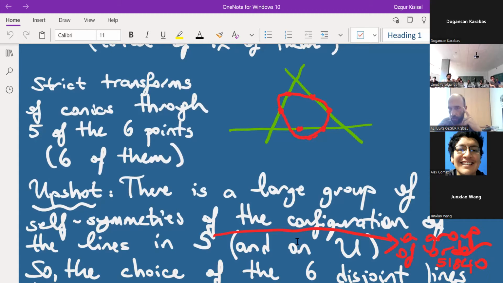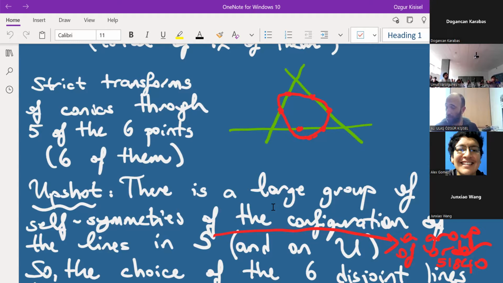It's something of the order, I think I wrote it here, 51,840. So it's a very large finite group. Well, even if you remove the green lines which are not on U, there's still lots of symmetries remaining. So it's, I think, intuitive at this point that this sextuple of disjoint lines shouldn't be unique.